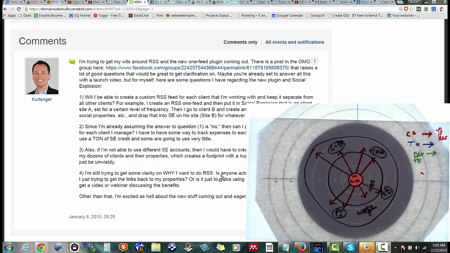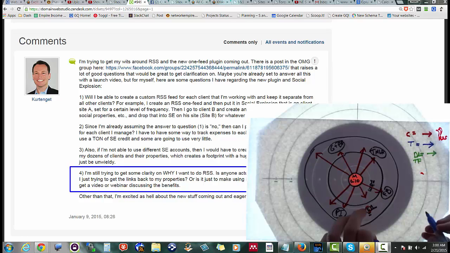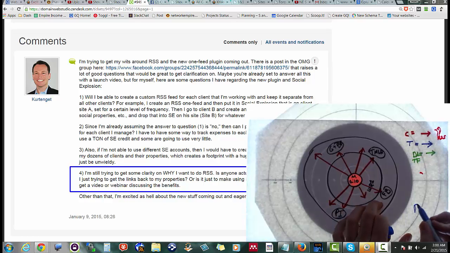Okay, why would I want to do it? RSS can publish to real places. Is anybody going to actually pick up your feed? Well, yes, and you're going to put it places where there's actually people. Because if you look at Facebook, let's just take a moment, your Facebook account may or may not have friends, followers.